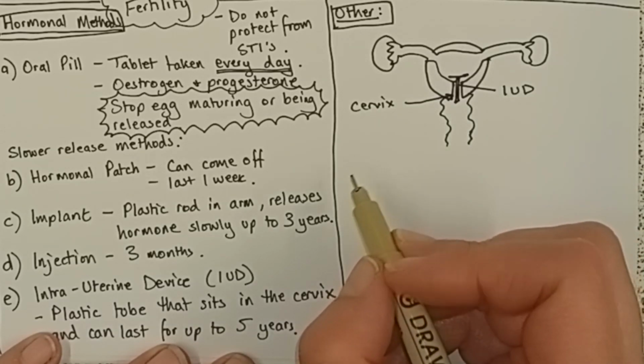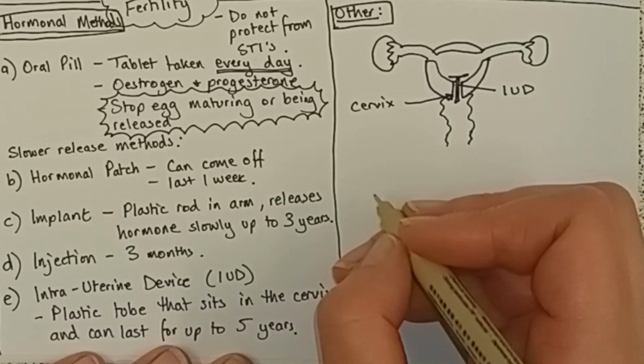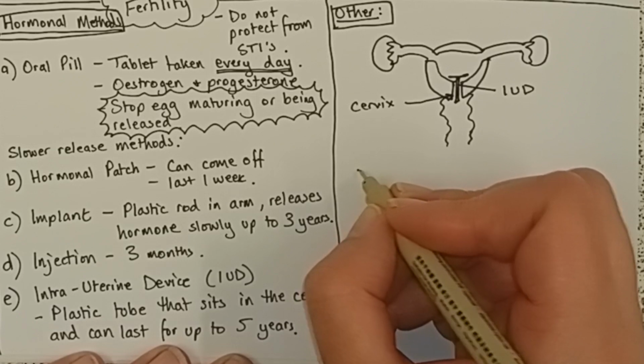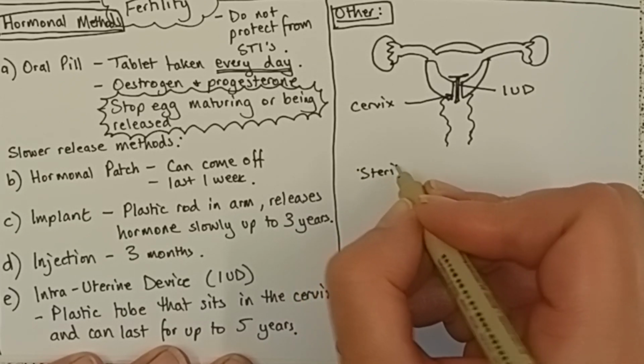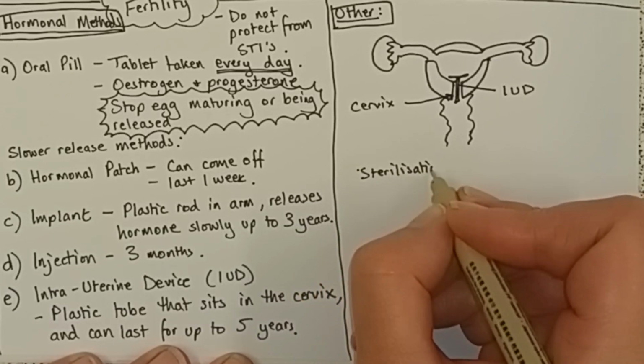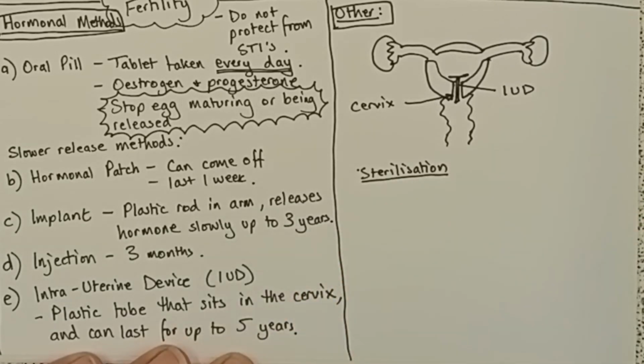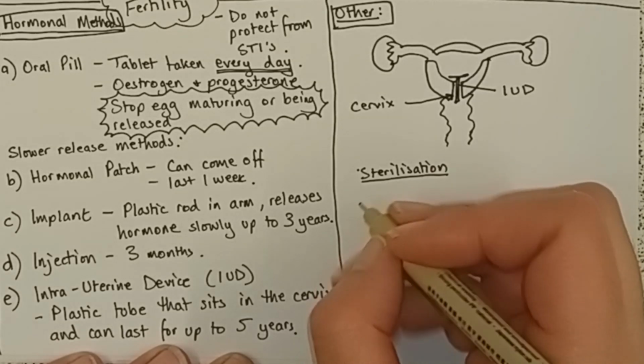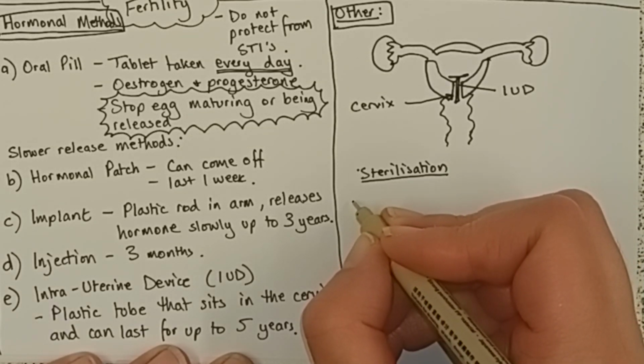There are, however, other ways we can prevent pregnancy. One of the ways we can do it is by sterilisation. And this is a minor surgical operation whereby fallopian tubes or the sperm duct is cut and then tied off.